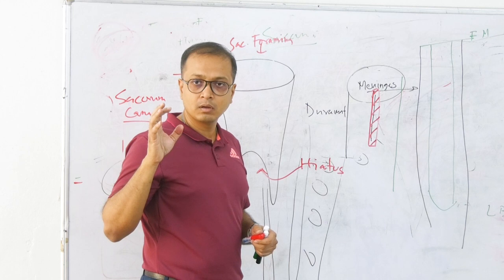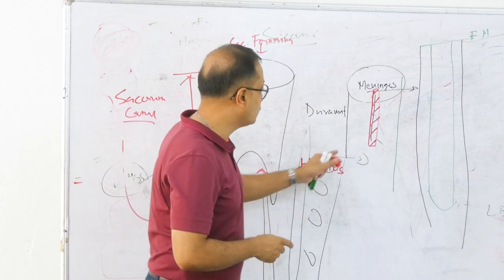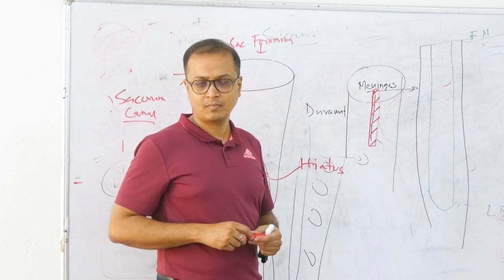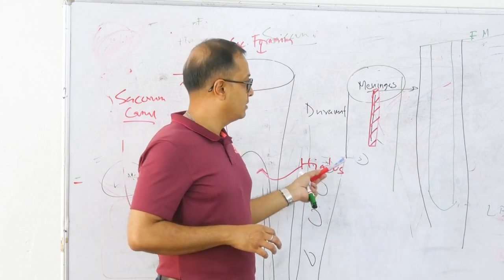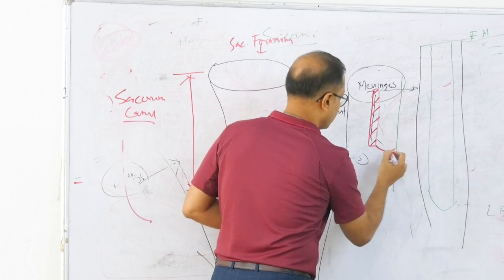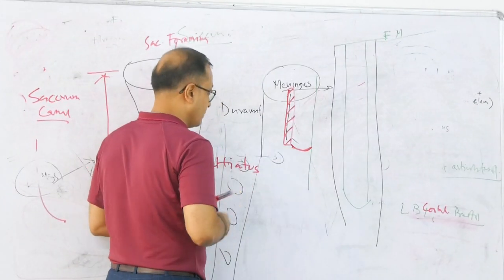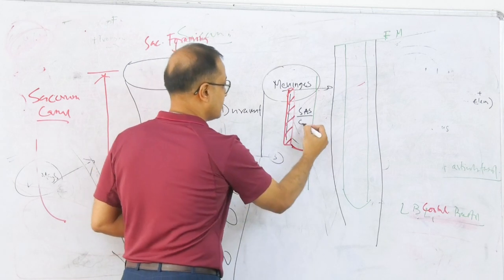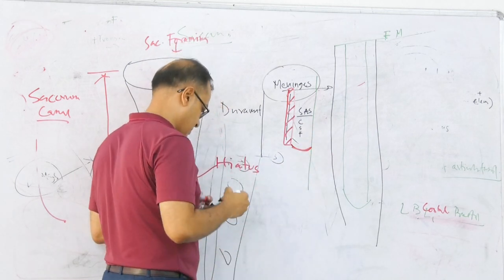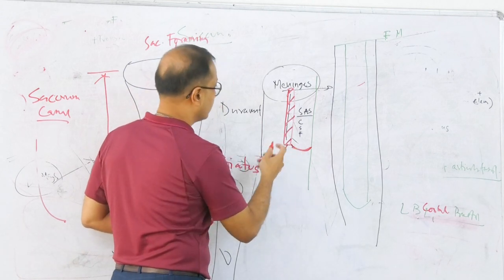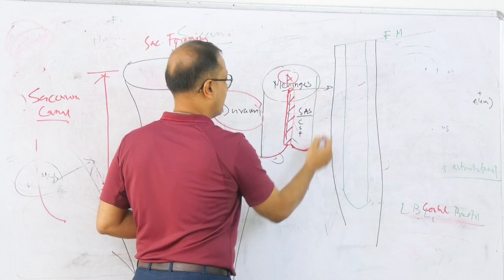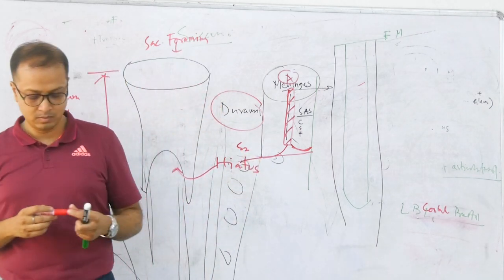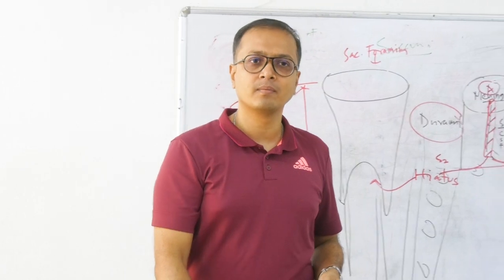Now see that this particular subarachnoid space ends at the level of S2. So the dura matter and the arachnoid matter, along with this subarachnoid space, which has the CSF, end roughly at the level of S2, the sacral vertebra.